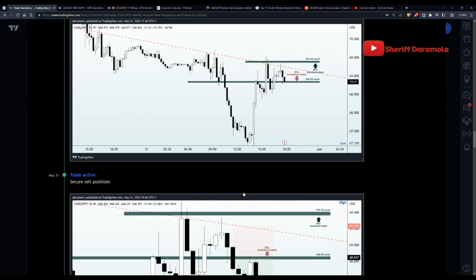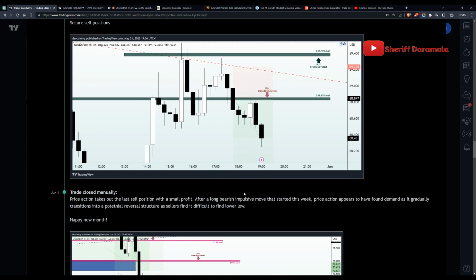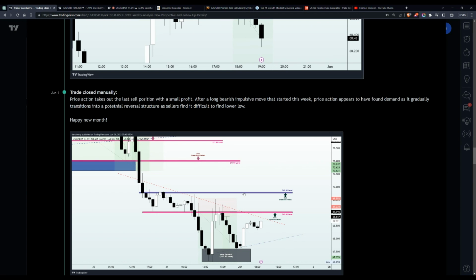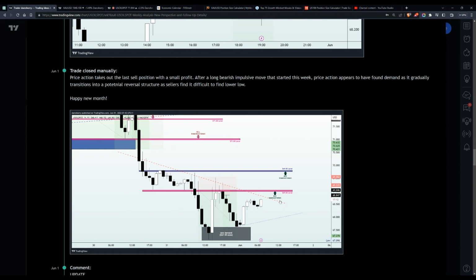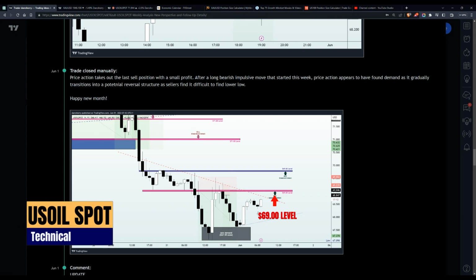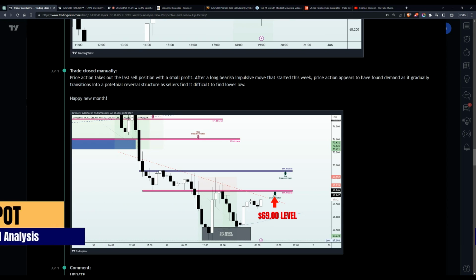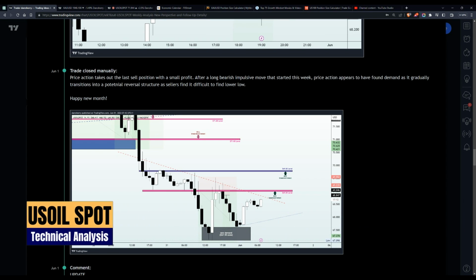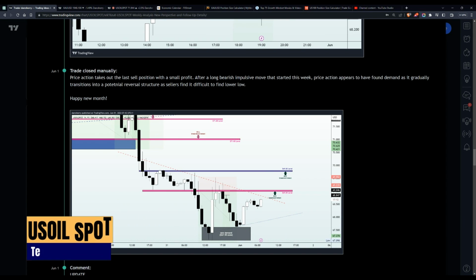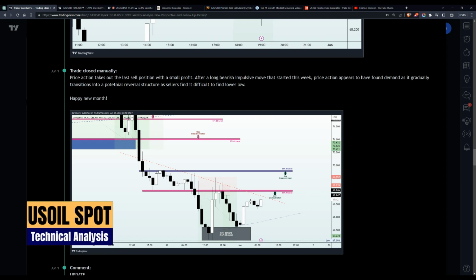However, at the beginning of this month, we began to see some choppy situation go on between that range between the 69 and the $67.50 level, which made us anticipate a potential reversal pattern. So we positioned ourselves above the $69 area with the hopes that price action will break out of that structure at one point to trigger an opportunity to buy.